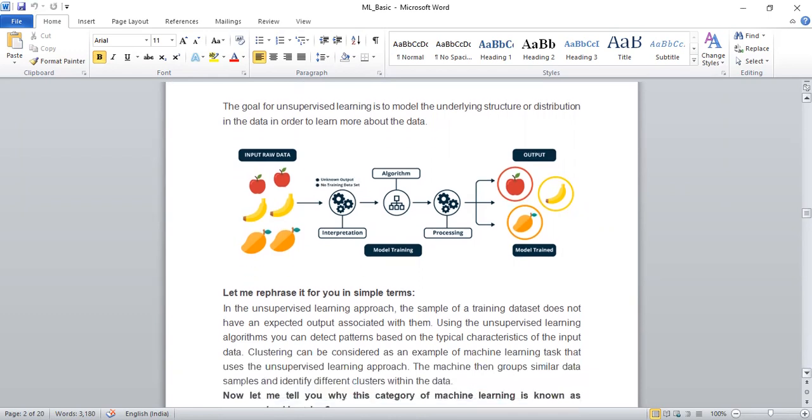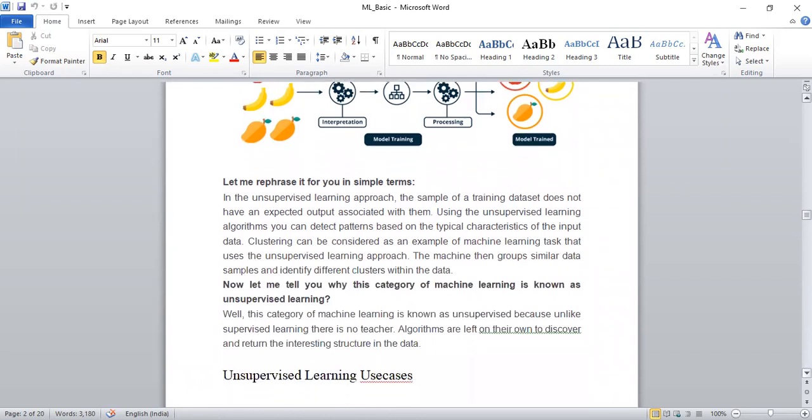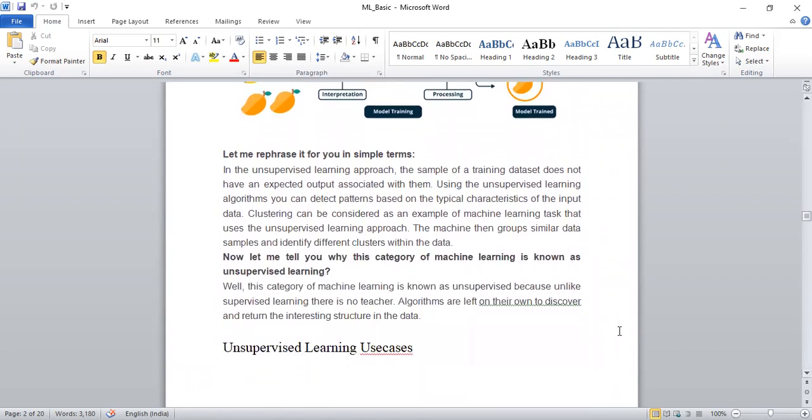Let me rephrase it for you in simple terms. In the unsupervised learning approach, the samples of a training data set do not have an expected or predicted output associated with them.